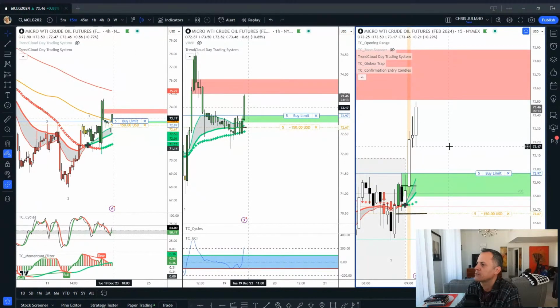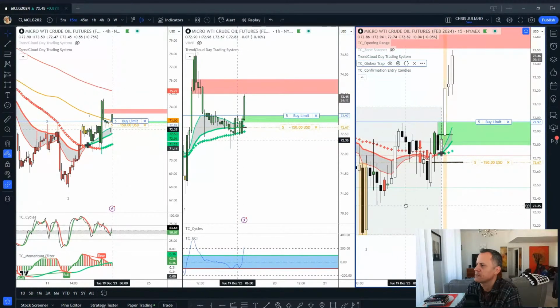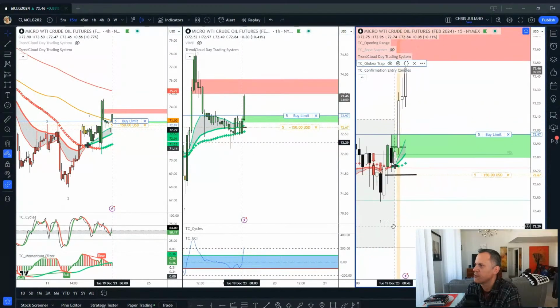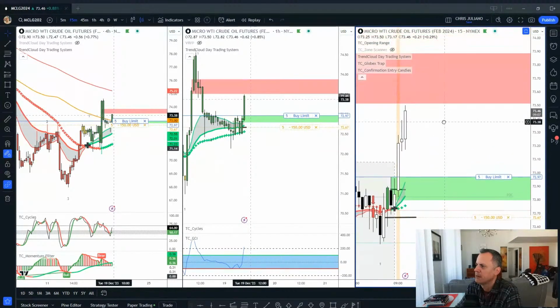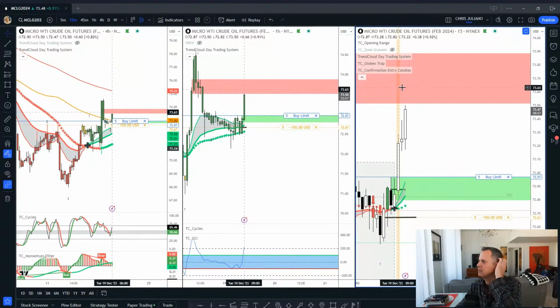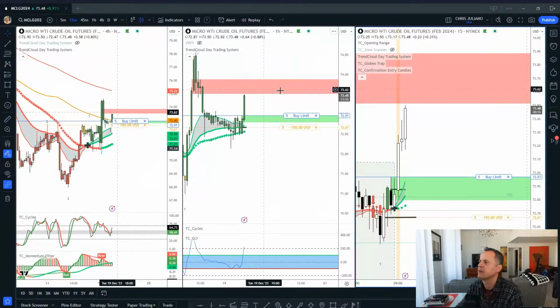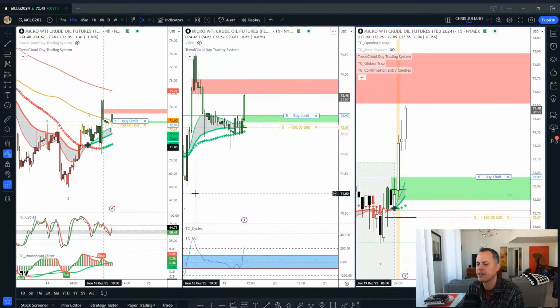Where's our Globex? Here's our Globex, 37%. Yeah, this has got a lot of room to run. Breaking out of the opening range as well as the Globex coming up into this supply zone on the middle time frame here.